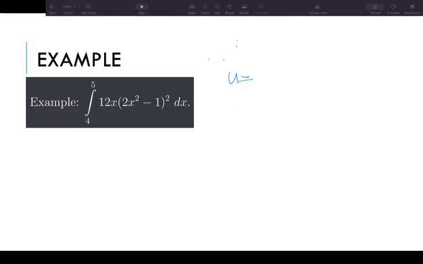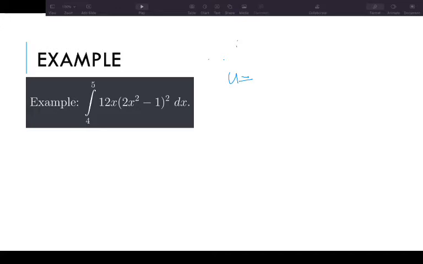We will do the normal U substitution for this problem. So this problem asks us to evaluate the definite integral of quantity 12x multiplied by quantity 2x squared minus 1, in closing parentheses, squared with respect to x from x equals 4 to x equals 5.